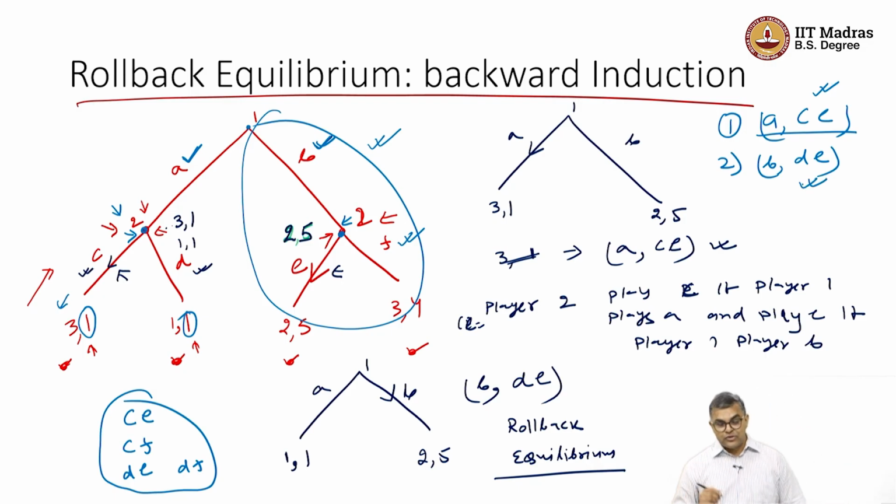But if player 2 is going to play CE, A is the best response from player 1. This is the best player 1 can do, and if player 2 is going to play DE, then player 1 should better play B. So, CE is the best response to A and A is the best response to CE, and therefore, this is a rollback equilibrium.